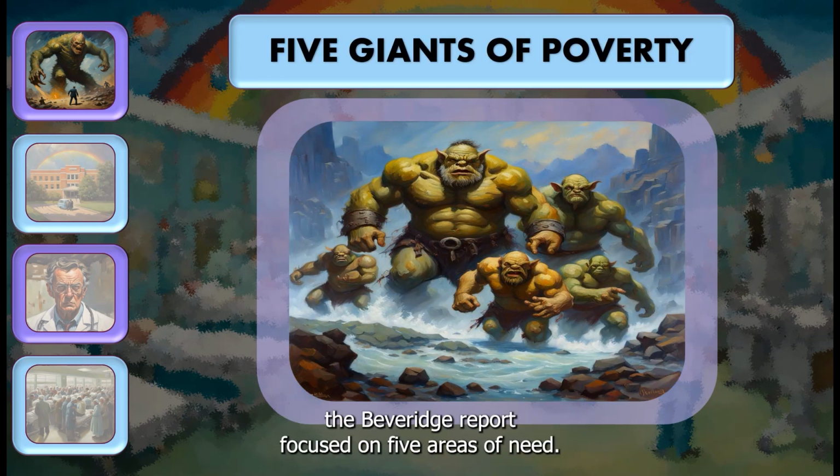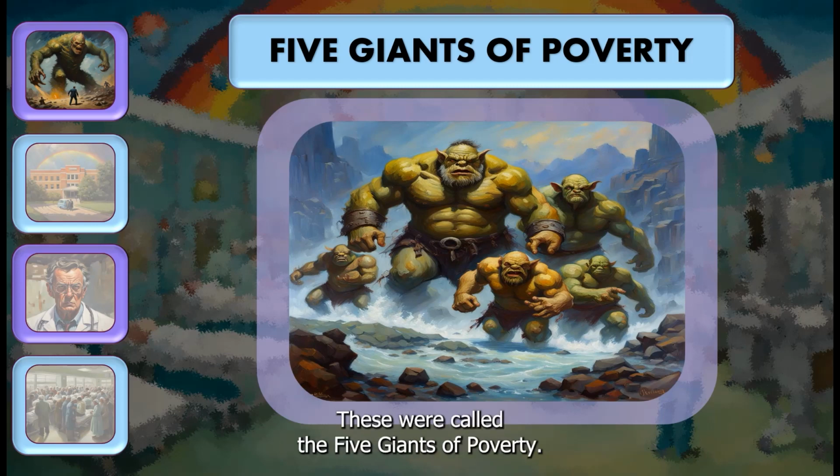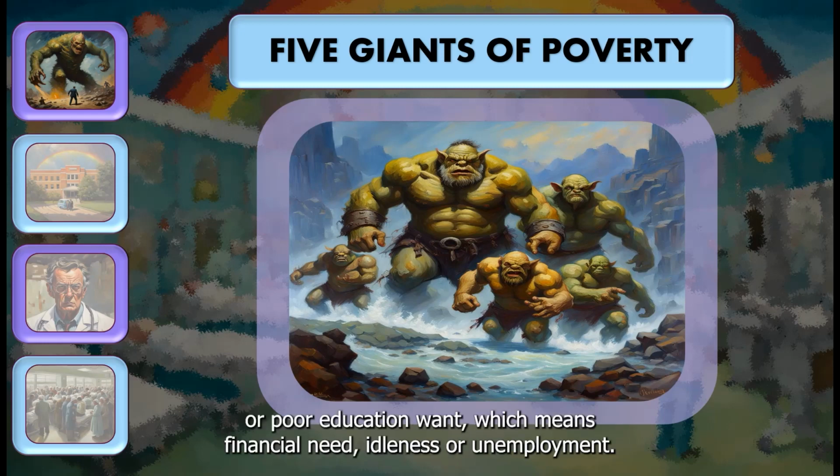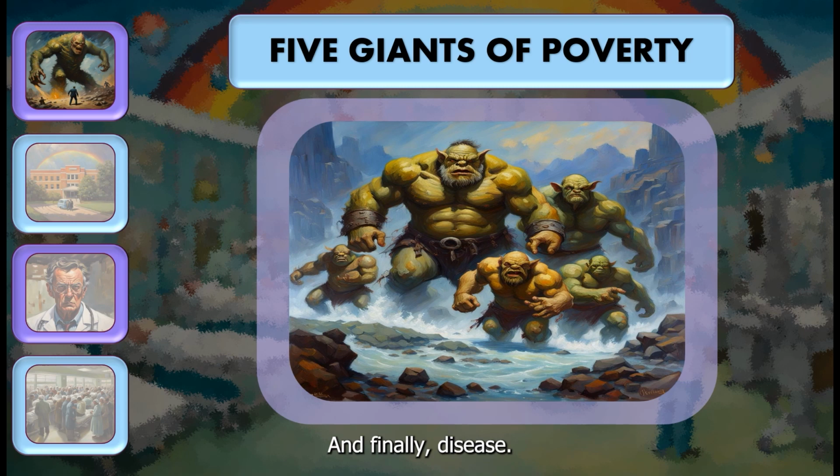The Beveridge Report focused on 5 areas of need. These were called the 5 giants of poverty. These were squalor, otherwise known as poor housing, ignorance, or poor education, want, which means financial need, idleness, or unemployment, and finally disease.